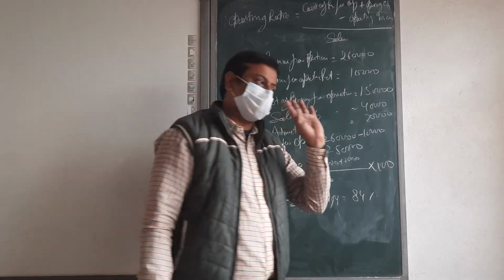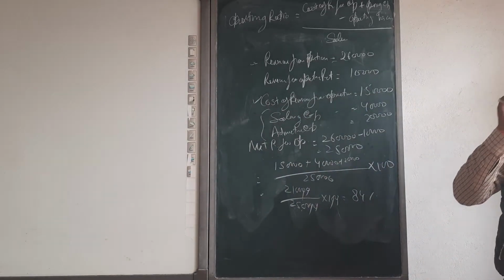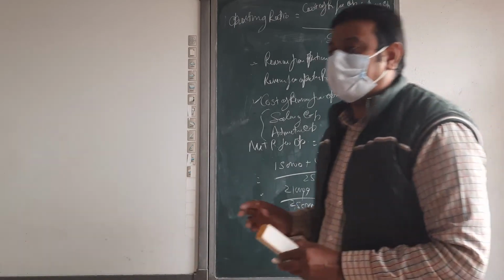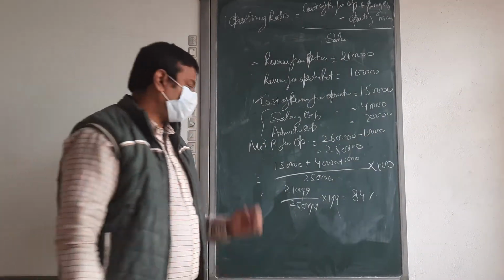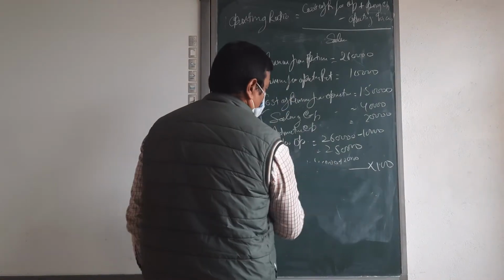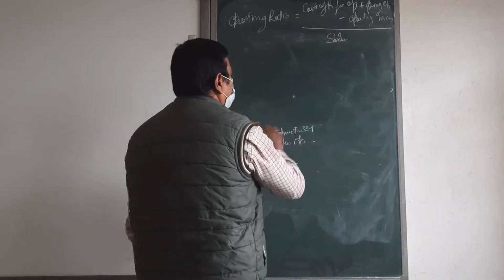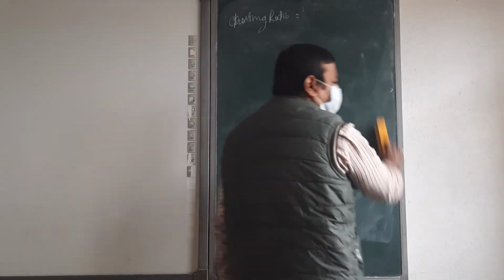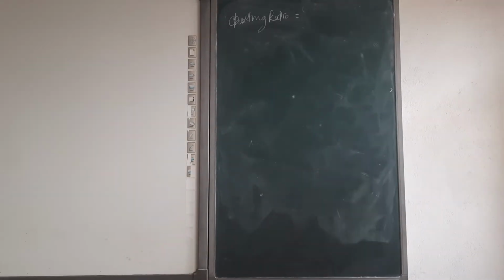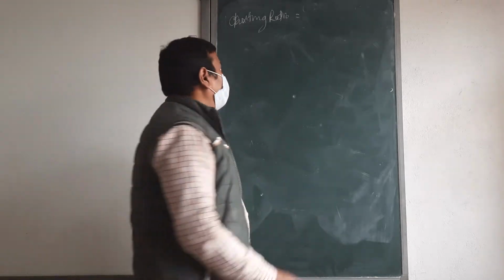All the information is given in the question, don't worry. Only how to collect all that information and utilize it for your formula, that you will do. Okay, next. Operating profit ratio. Again it's very easy. Operating profit upon revenue from operation. All these profitability ratios depend on sales.